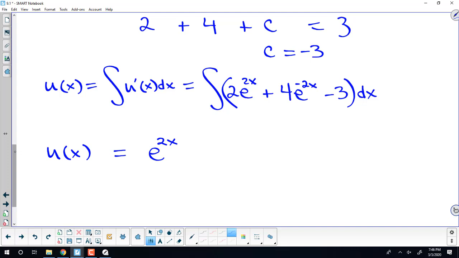So e to the 2x, antiderivative of 2e to the 2x. Antiderivative of 4e to the negative 2x, minus 2e to the negative 2x. And the antiderivative of negative 3. Antiderivative involves another constant.